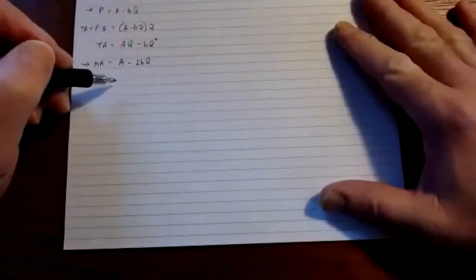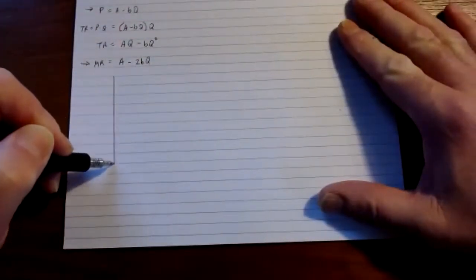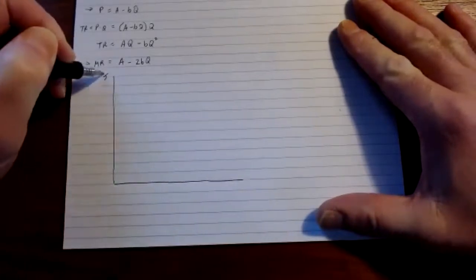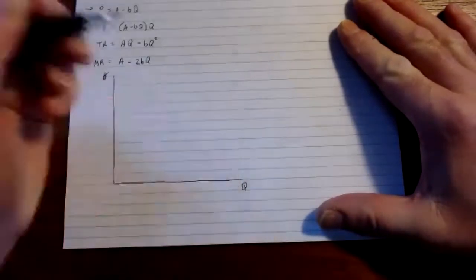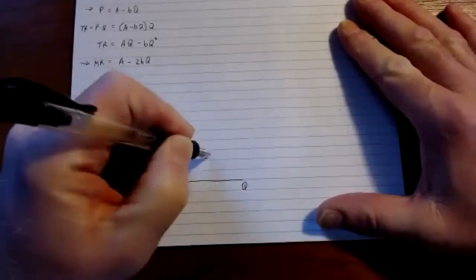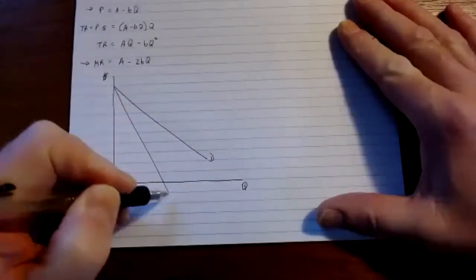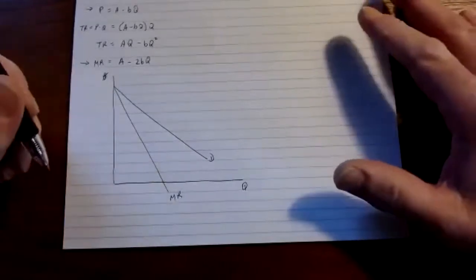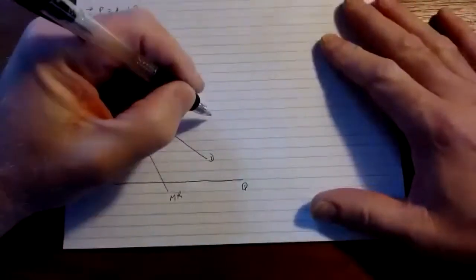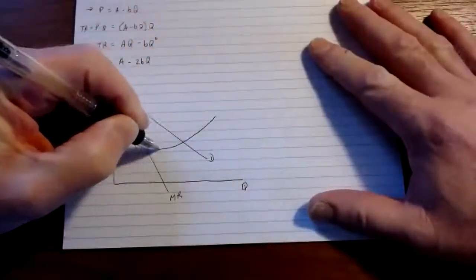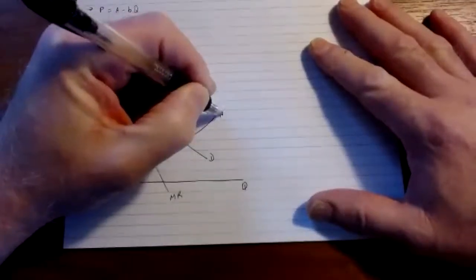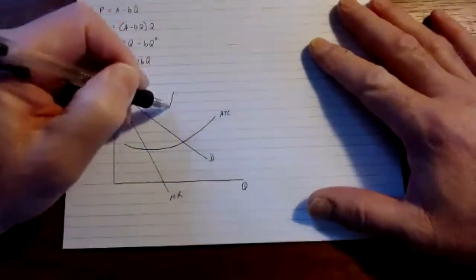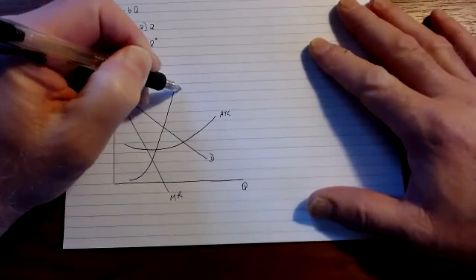Let me go to a clean picture since I messed that one up. So we have demand and marginal revenue. And what we would expect is that we're going to have some sort of an average total cost curve and some sort of a marginal cost curve.